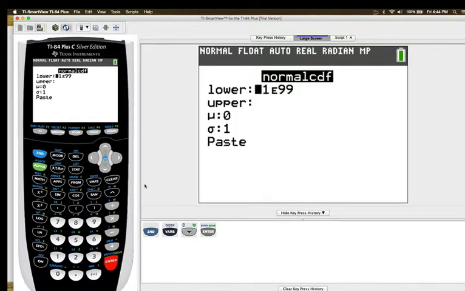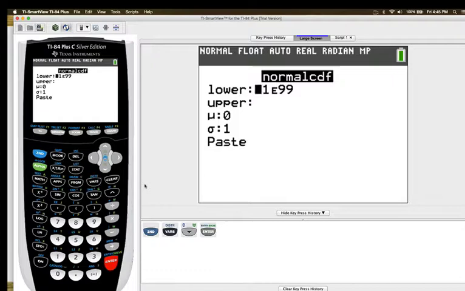On your screen you see the normal CDF function, and you also see that we have to input a lower value and an upper value. Now for a standard normal distribution, the mean and the standard deviation are already given, so we're not touching them, and then we're just going to paste.